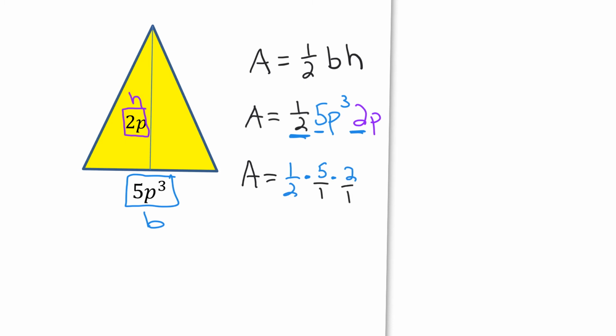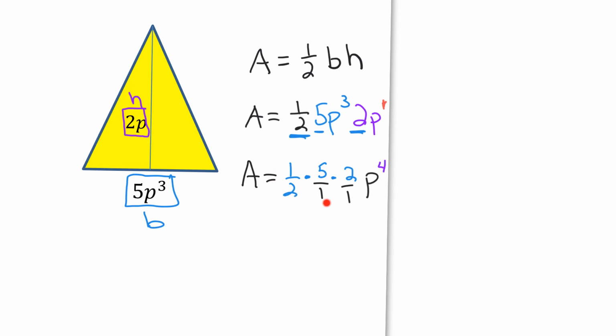Then I'm going to multiply the p's. We have p cubed times p to the first power. Remember, when you multiply monomials with the same base, you keep the base and add the exponents. So 3 plus 1 is 4. So p to the 4th power.